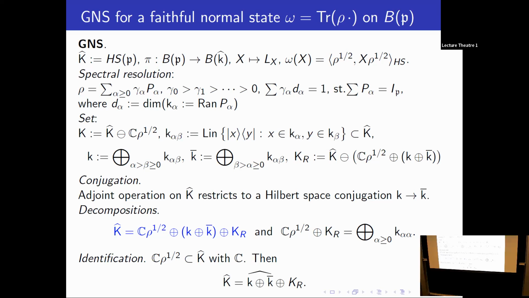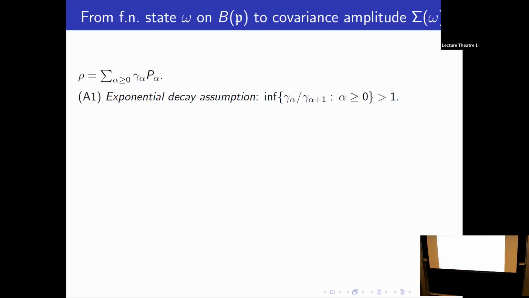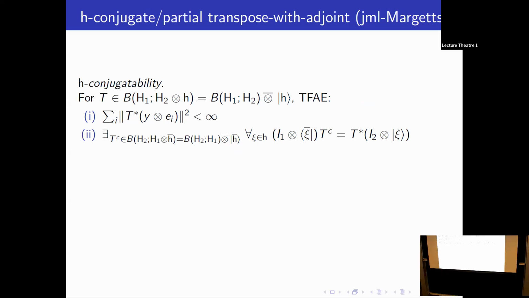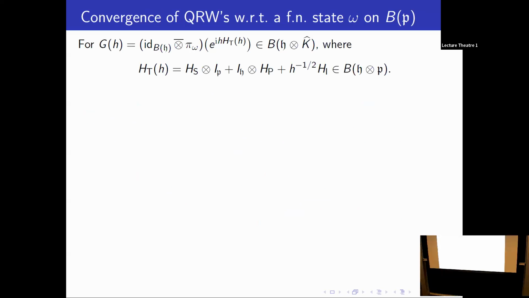So make that identification, and our GNS space has that structure. Under an assumption on the decay of the eigenvectors, we can define a covariance amplitude in terms of the state by this formula here, and then this will be injective. It's a technical slide which I'll miss.